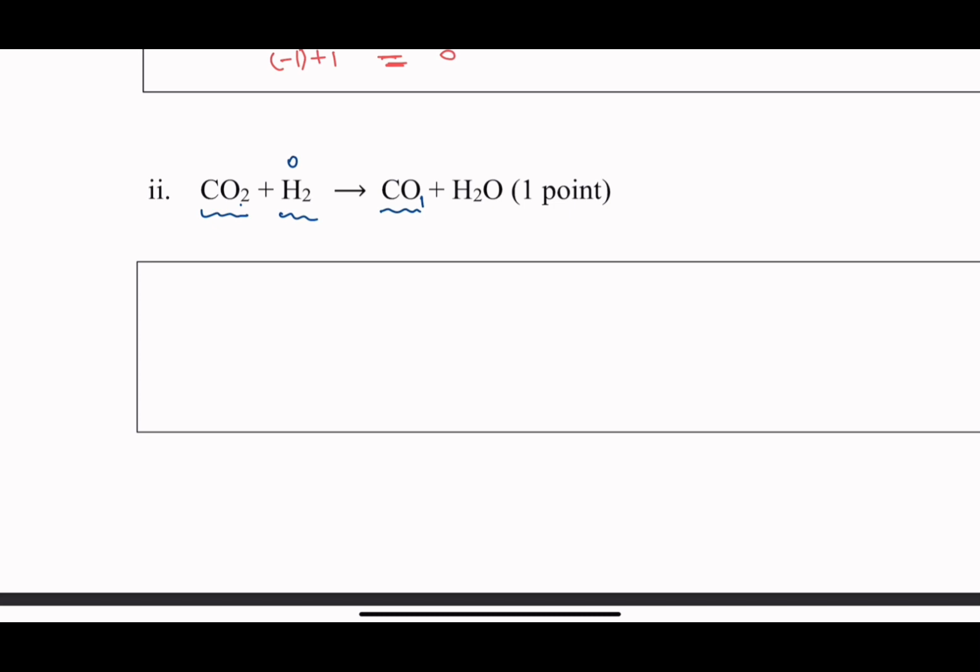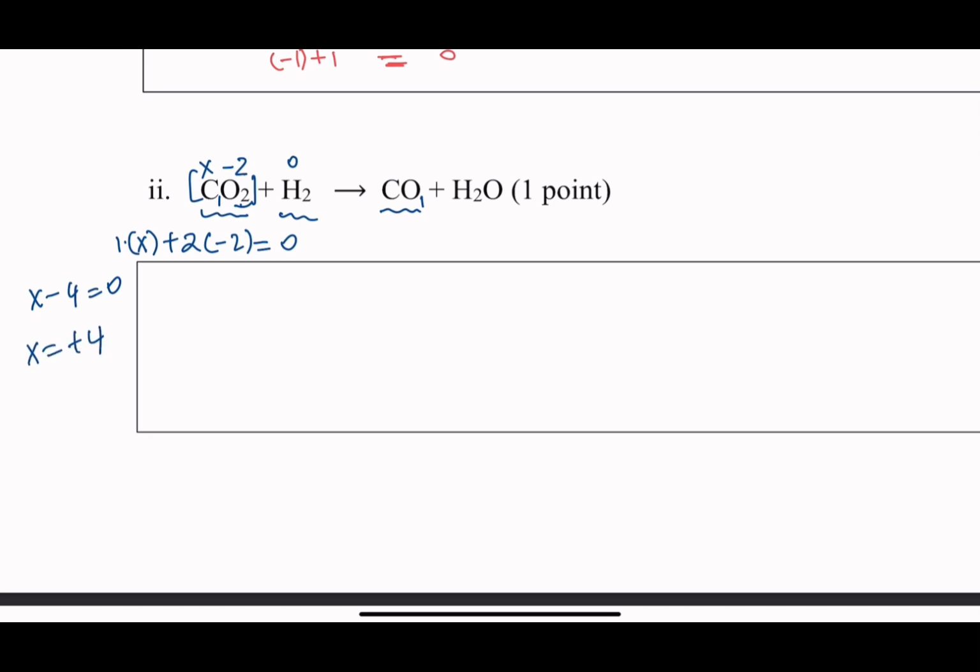Oxygen, when it binds with someone else, except in peroxides, is always -2. It needs to add up to 0. If we do the math together, it becomes x on this one: 1 times x plus 2 times -2 adds up to 0. So x minus 4 is 0, x is plus 4.